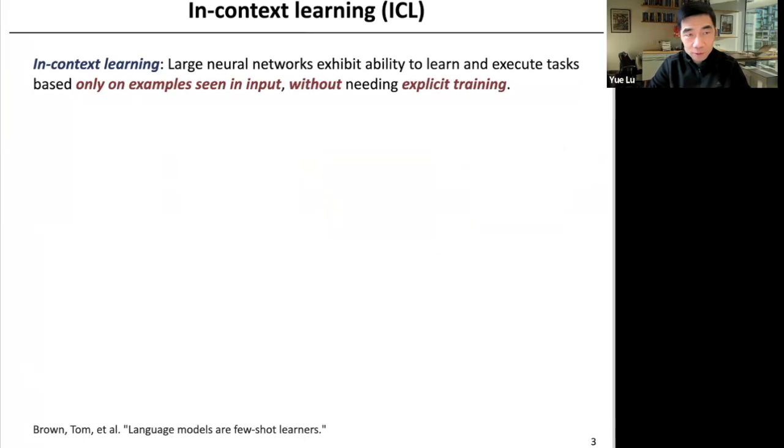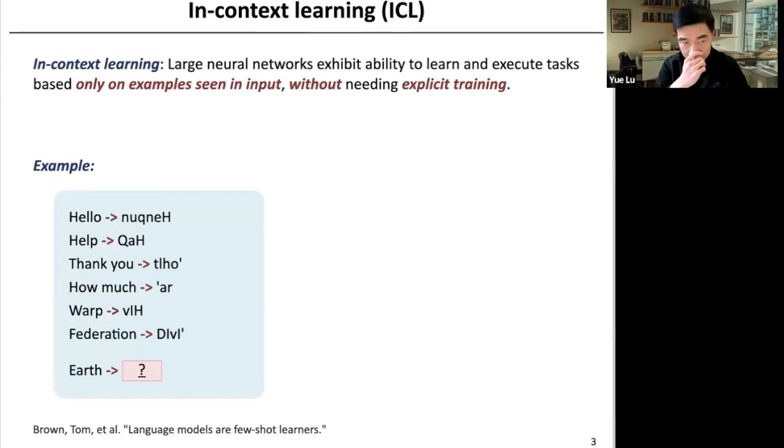Many large networks have the ability to learn and execute tasks based on only examples seen in the input without any explicit pre-training. Now, let me give a concrete example. Suppose we have a sequence of input to a neural network. For example, we can do it on ChatGPT, and I did it, and it worked out well.